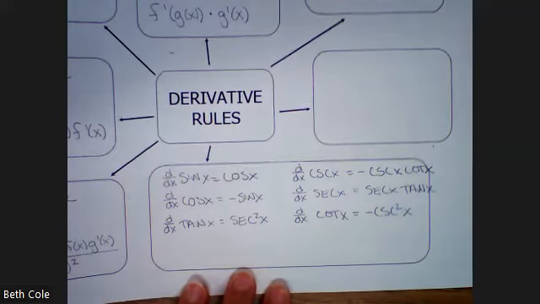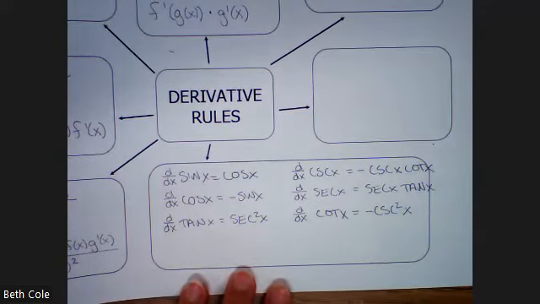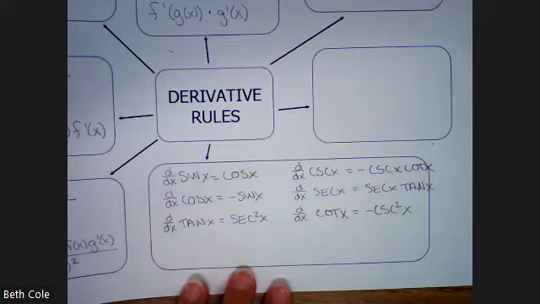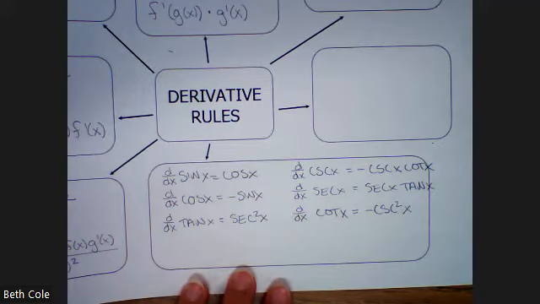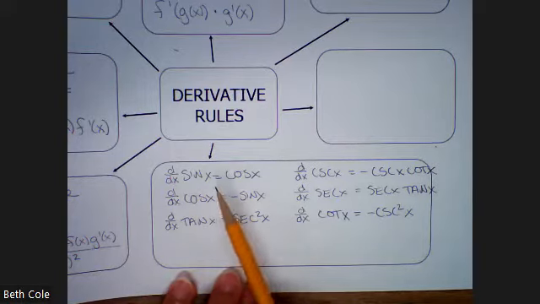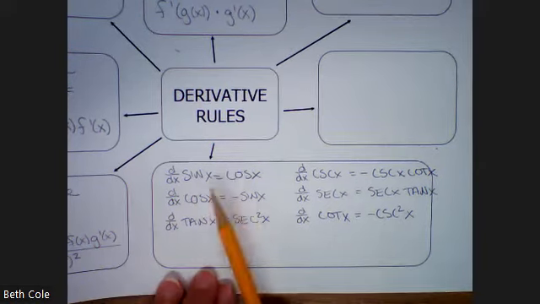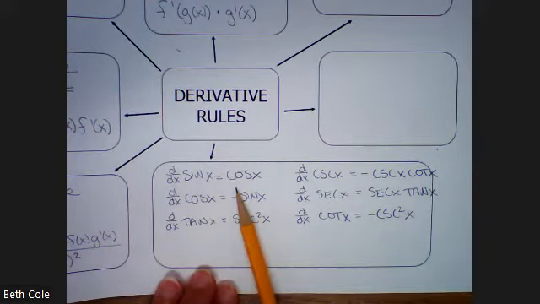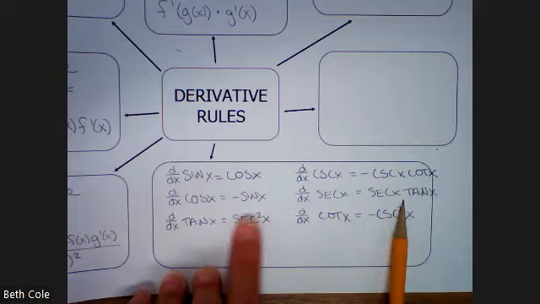This is my pep talk and my advice, this is how I remember them. Rather than trying to memorize that as 6 totally independent pieces of information, group them together. Do you see how sine and cosine are buddies? I call them buddies because I don't have a better word; they're not reciprocals. Do you see how sine and cosine go together? Do you see how tangent and secant go together?